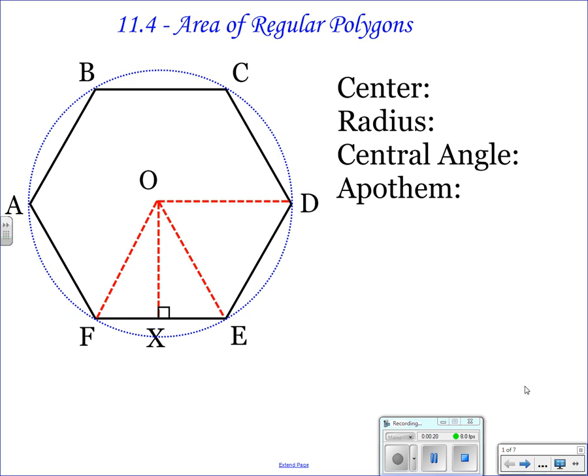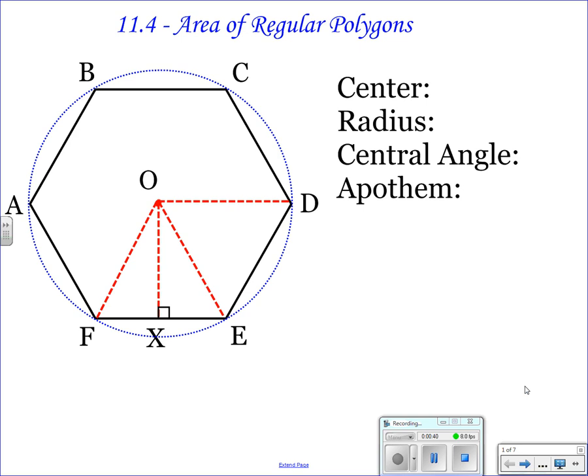So I have an example of a regular polygon there, inscribed in a circle because that's going to help us define some of our terms. The center of our circle would be the center of the circle the polygon is inscribed in.